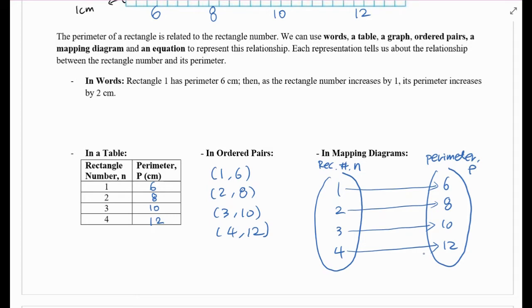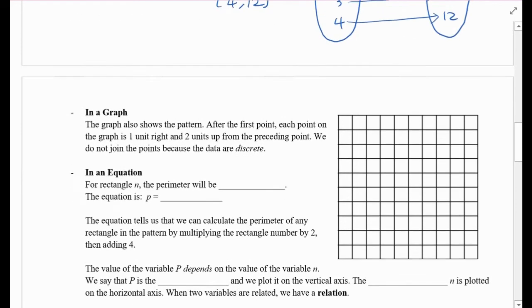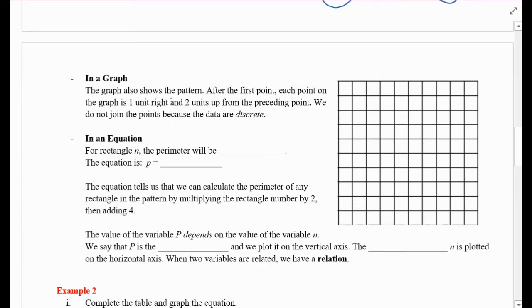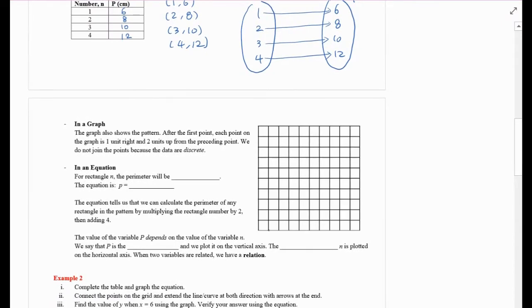Okay, there are multiple ways of doing this. In a graph, the graph also shows a pattern. After the first point, each point on the graph is 1 unit right and 2 units up. So let's do it. We have to define the x and y axes first. The x-axis is actually the n-axis, so rectangle number.